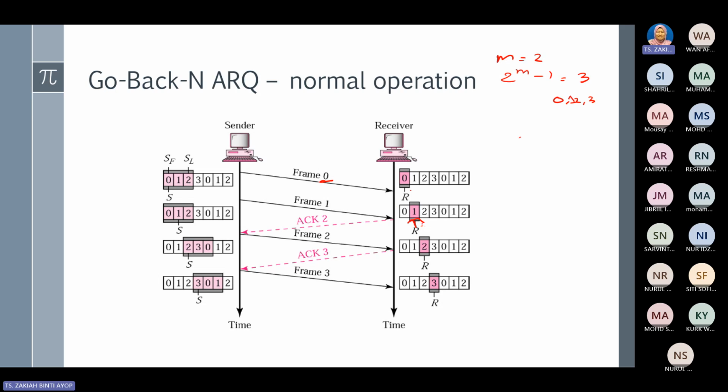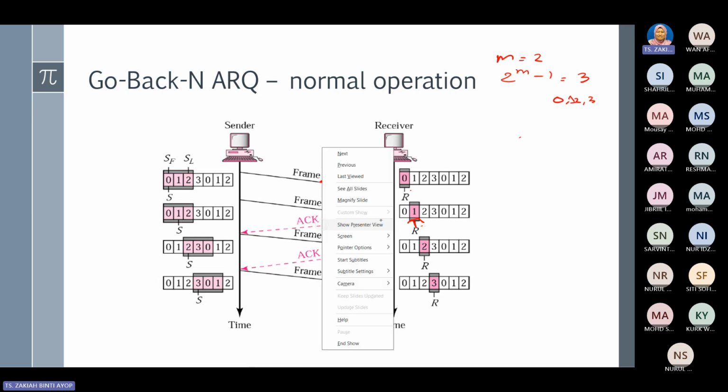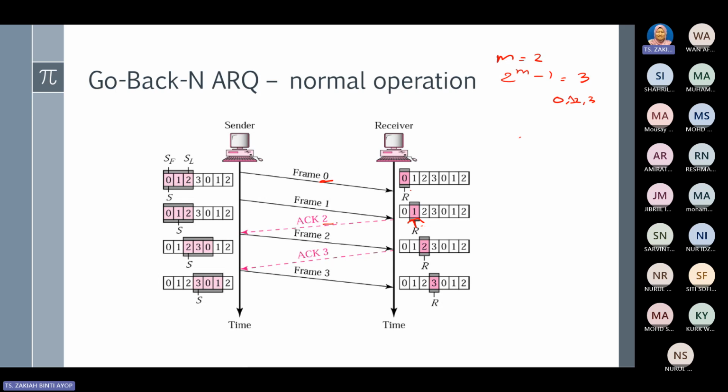So in this case, it would send out ACK2. So what does it mean? If the receiver sent ACK2, and the sender received this ACK2, it knows that frame 0 and frame 1 have been successfully received, and it is waiting for frame 2.